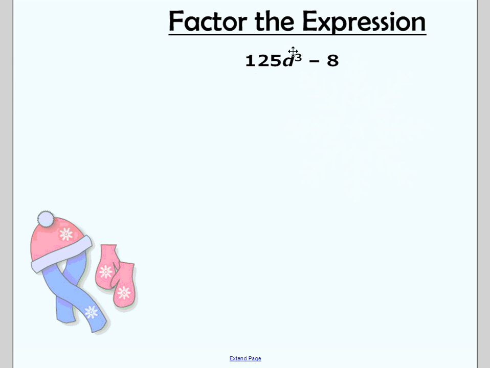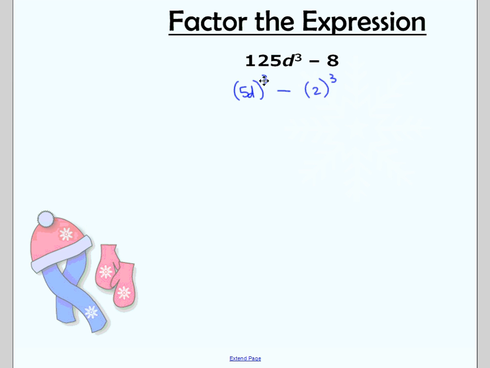So this I'm going to rewrite as 5d to the third. Remember, when I take something to a power, I have to take both parts. So 5 cubed is 125, d cubed is d cubed, minus 8 can be rewritten as 2 cubed.